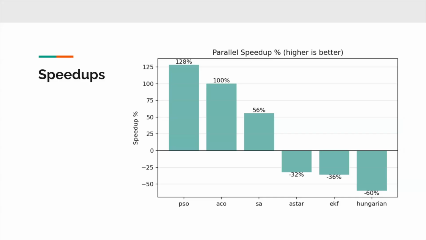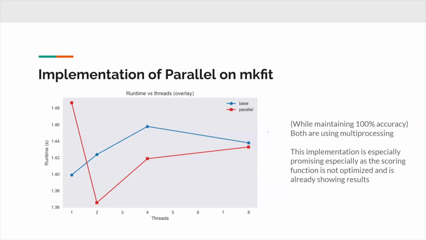One state-of-the-art track builder now is the library MKFit. So after concluding that the collaborative approach did have some merit, I applied some of the techniques to the library MKFit. Running that, I got a speed up on the higher threads compared to the base MKFit, both while maintaining 100% accuracy, and they both use multiprocessing.